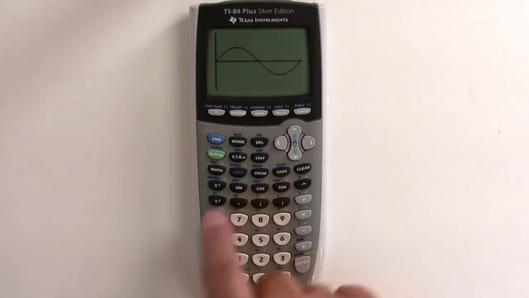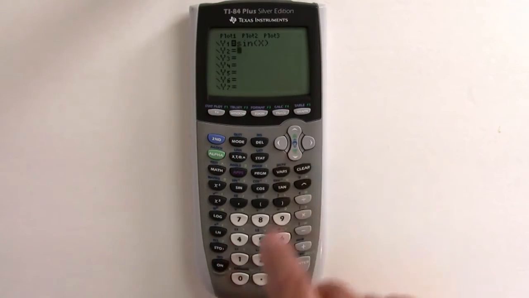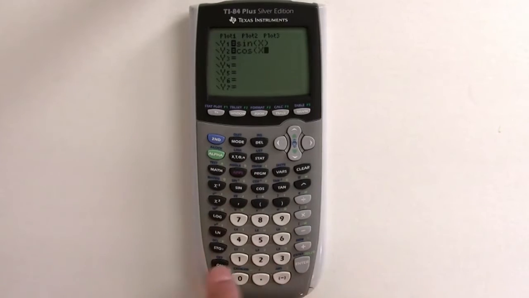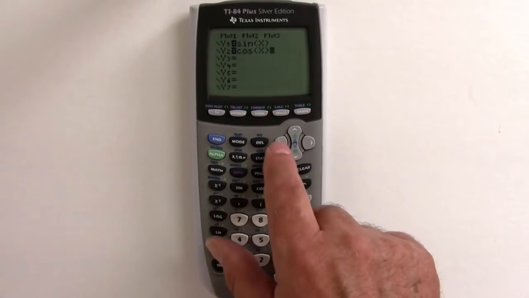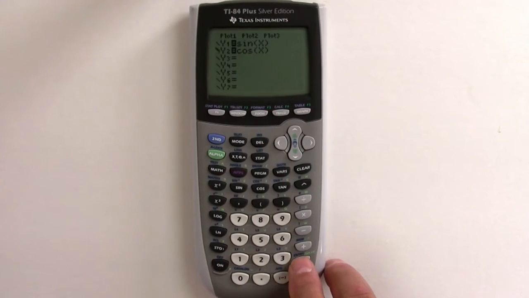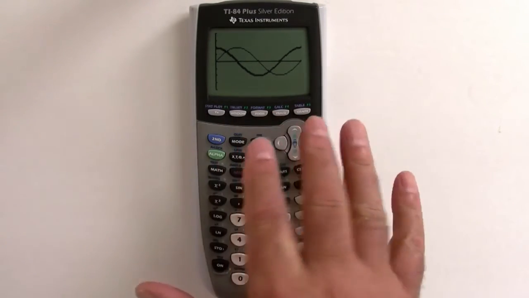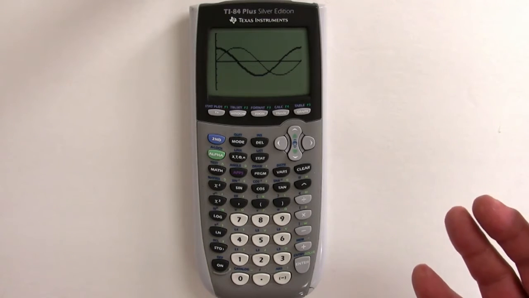Now, for example, we can put in the cosine curve real easily also. Let's change how that looks a little bit. We'll make it a thicker line. So then we'll put in the cosine curve. And now with these two curves, you can analyze to yourself, for example, where the two functions are equal.